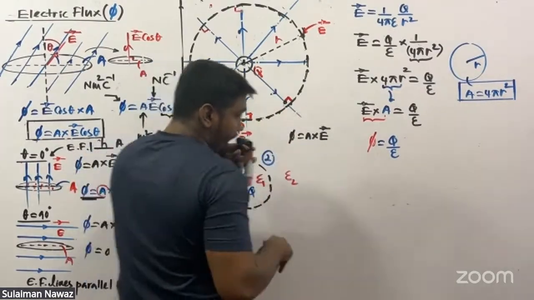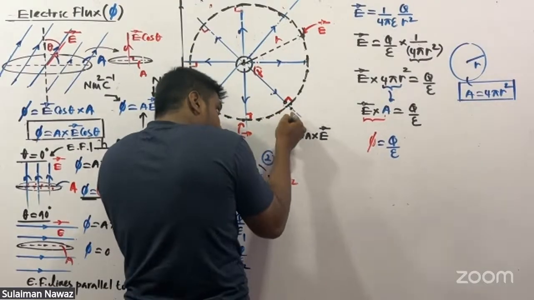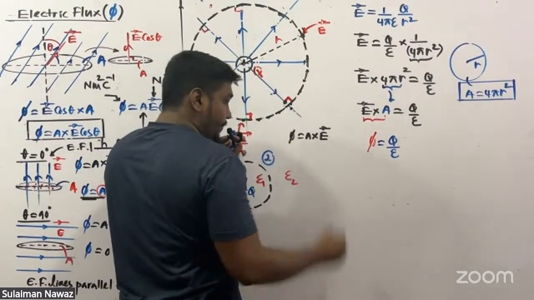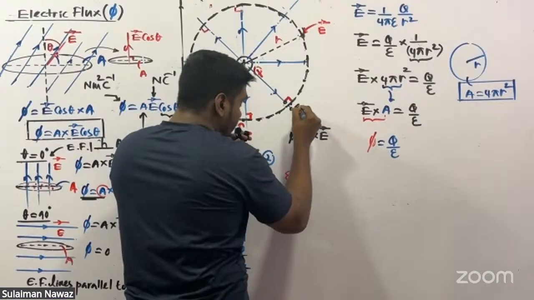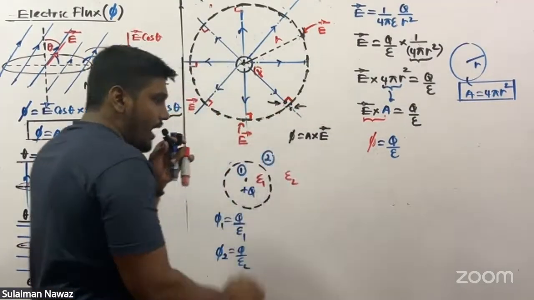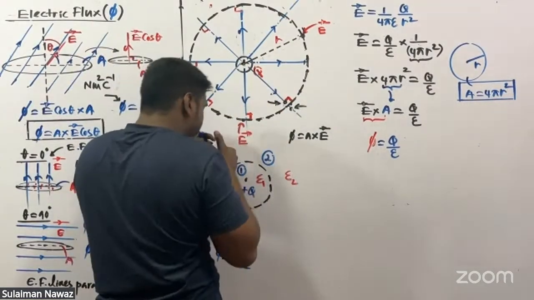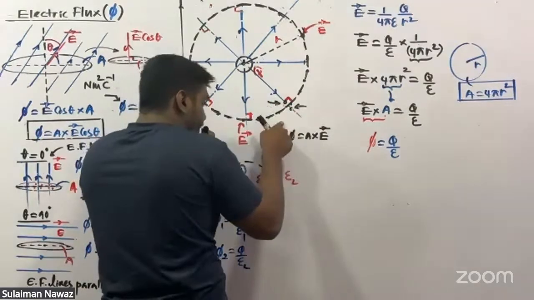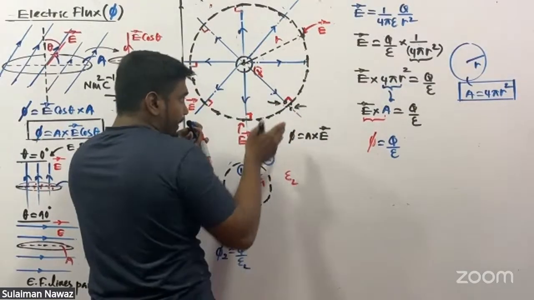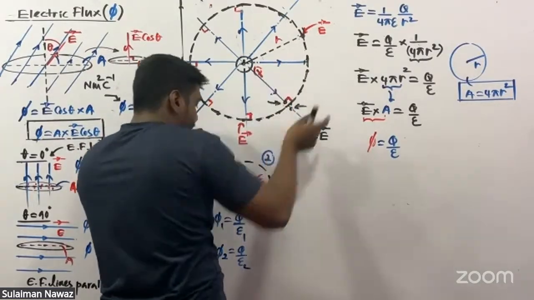And let's consider there is another point just outside the boundary. This point is just outside the boundary, and this point is just inside the boundary. Inside the boundary, the medium is different; outside the boundary, the medium is different.